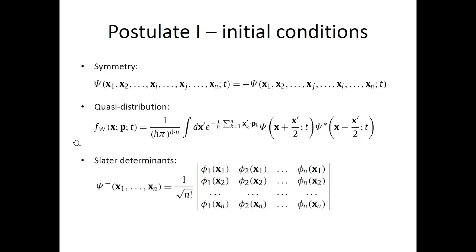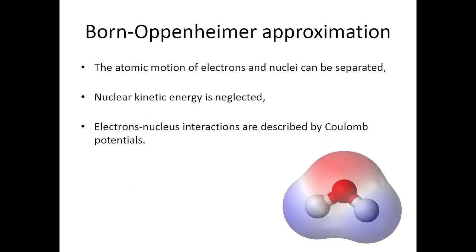And for a system of fermions, essentially the initial conditions should be written as Slater determinants so that the right symmetry is fulfilled by the initial conditions. So it is not so different from what we were doing for single body systems. It's just that now the configuration space is a multidimensional one, so more computation is required.